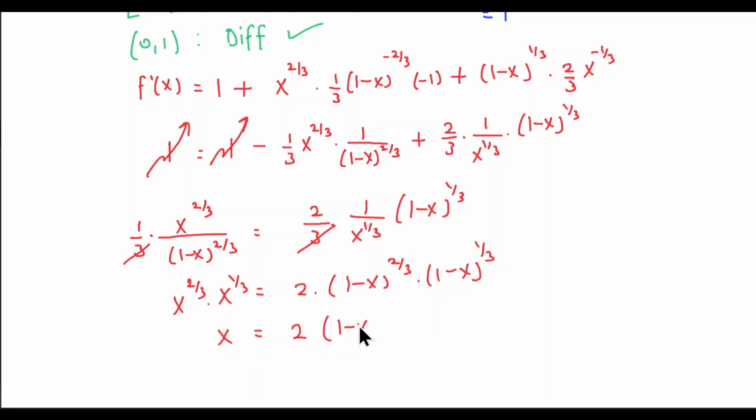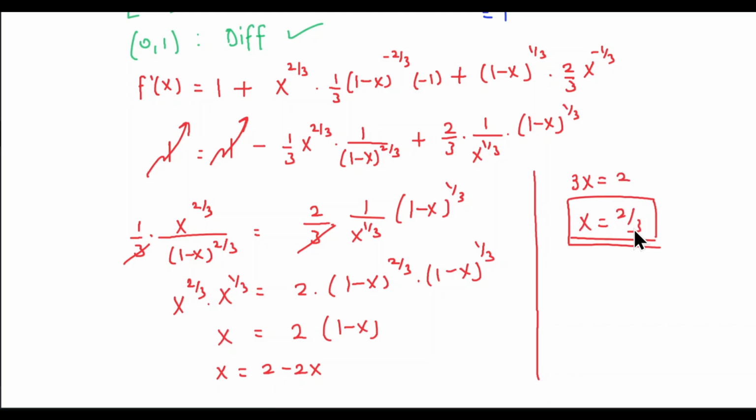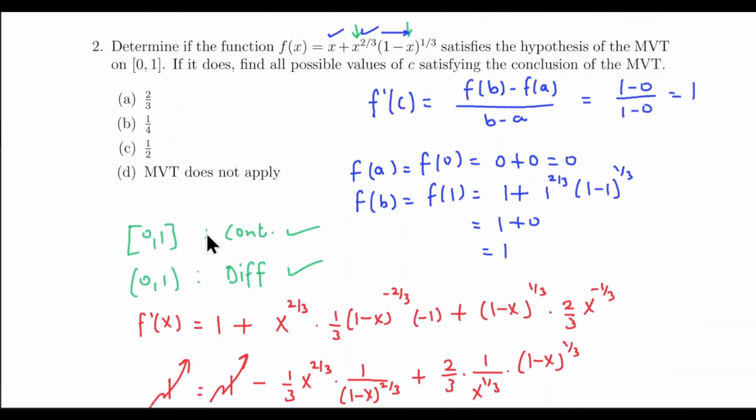And likewise, base is same, power is added, so 2 over 3 plus 1 over 3 is again 1. So x is equal to 2 minus 2x. I just distributed, adding 2x both the sides, so 3x is equal to 2, and x finally, oh my goodness, this 2 over 3. Unfortunately, 2 over 3 is also in the options, and 2 over 3 is also between 0 and 1. That's something that we have to make sure. So our answer, my dear friends, is option A.